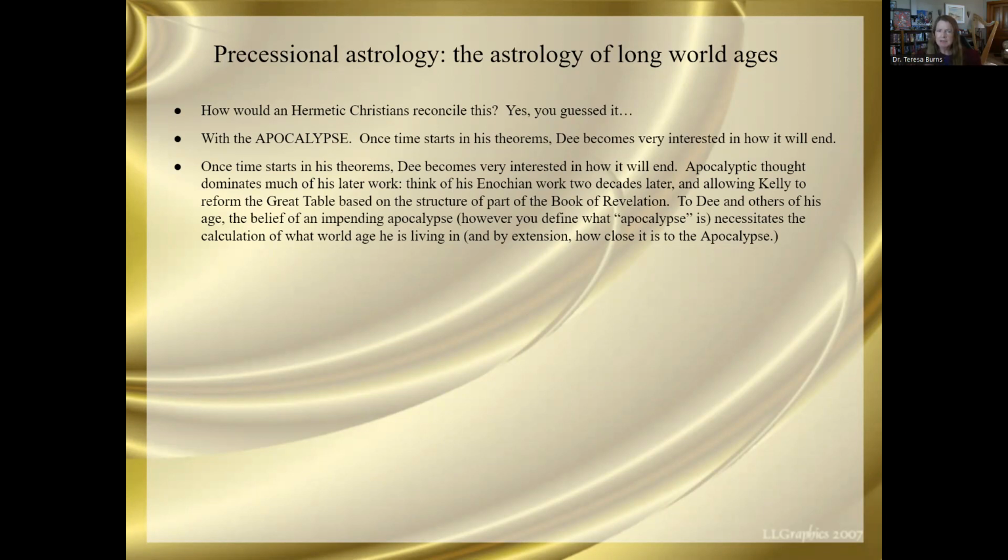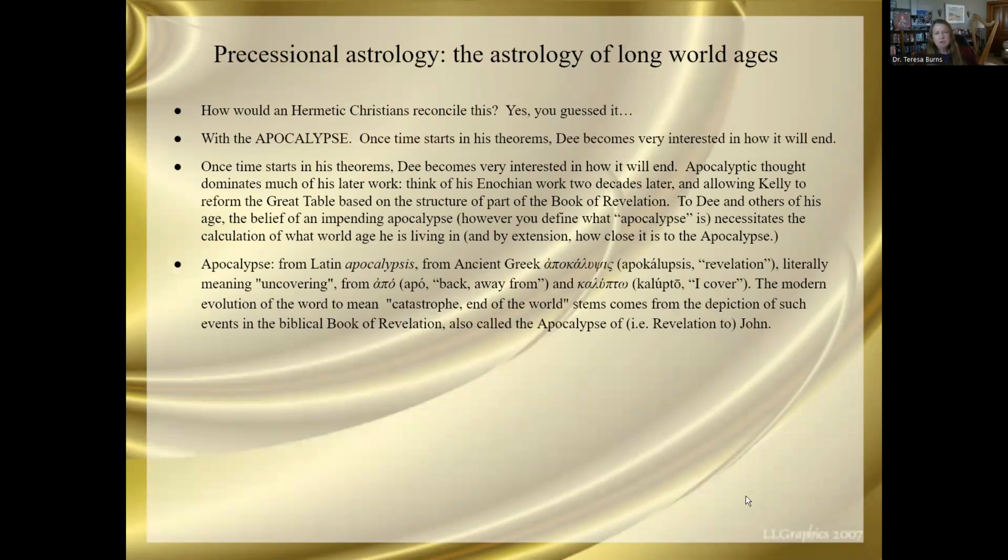And Dee lets him reform his whole great table of Earth based on the structure of part of the book of Revelation or the Apocalypse of St. John. So to Dee and a lot of very smart people in his age, a lot of humanists, the belief of an impending apocalypse, however you define what that word is, necessitates this calculation of great world ages. What age am I living in now, and how much time do I have until everything ends?